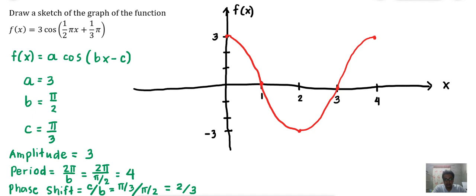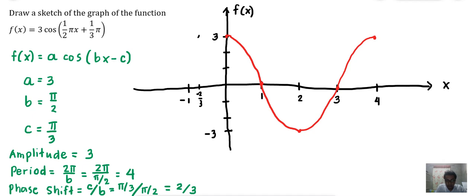And then, the phase shift is 2/3 unit to the left. This means, since x is 0 here, we just shift by 2/3. These points, we shift by 2/3. So, 0 minus 2/3, we get negative 2/3. So, if this is negative 1, negative 2/3 is here. So, this point will go here, 2/3 unit to the left.